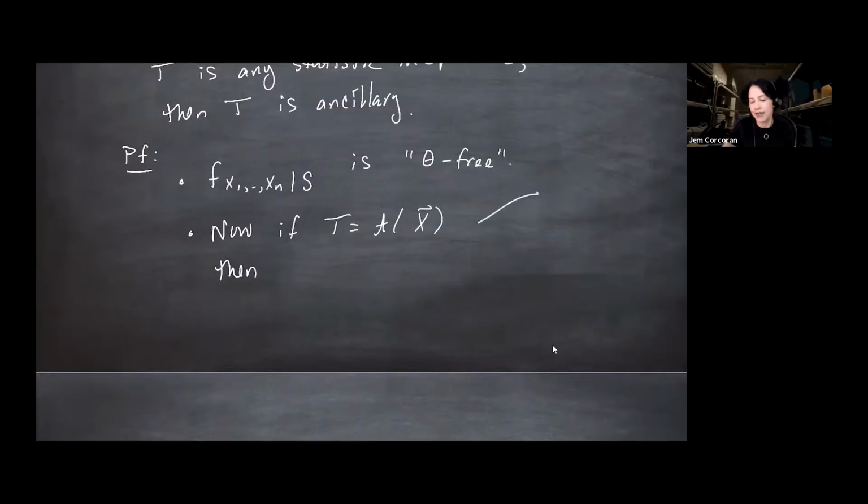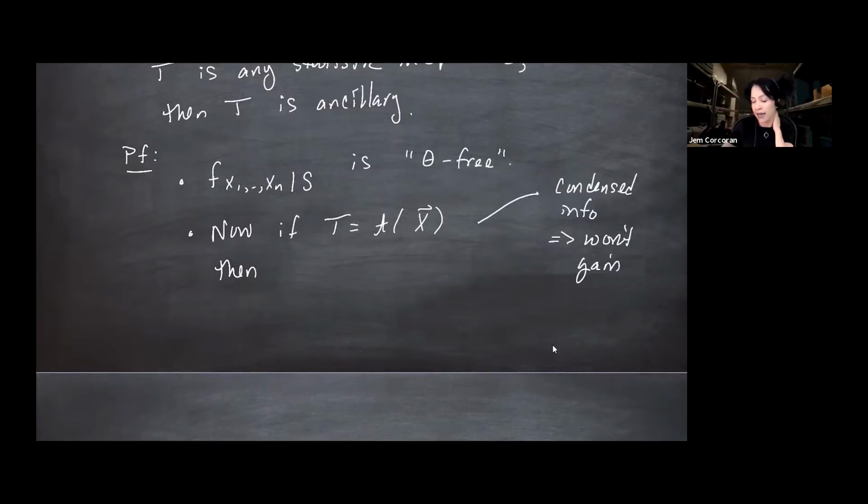Then, informally, we've condensed the info, or maybe haven't changed it at all, and we won't gain information about theta, especially because our statistics are not allowed to depend on the parameters.